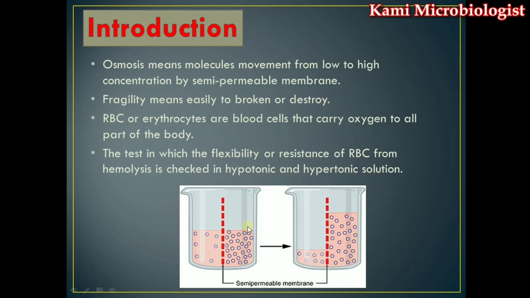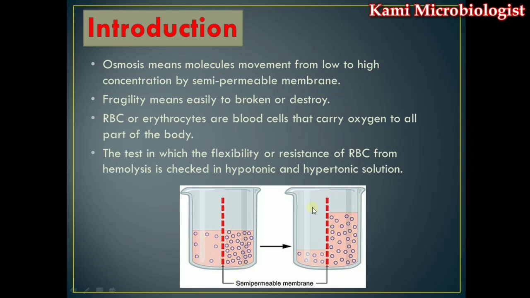At the right side we have high concentration, because the particle amount is higher, while at the left side the particle concentration is low. So this is the lower concentration and this is the higher concentration. What is going on in this case? The molecules will be moving from lower to higher concentration through this membrane.